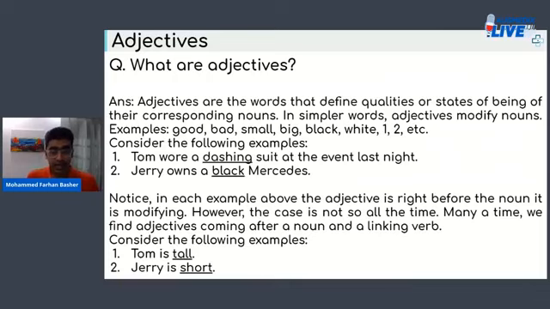We make this connection with the help of a linking verb, which in this case is the verb is. So Tom is tall. Here the verb is a linking verb that is basically linking the noun to its adjective, or linking the adjective to its noun. You understand? I hope so.